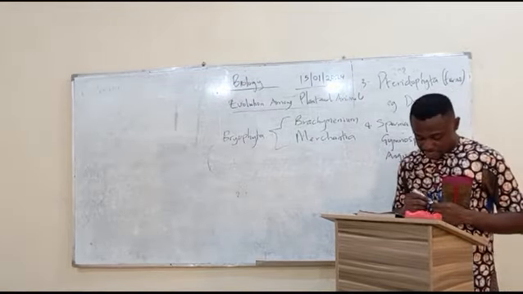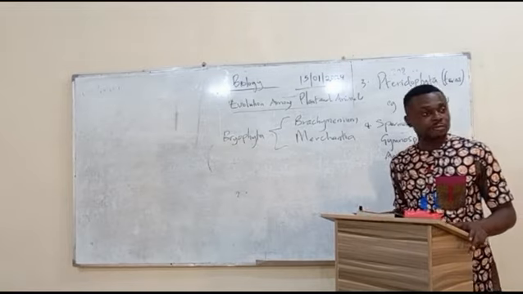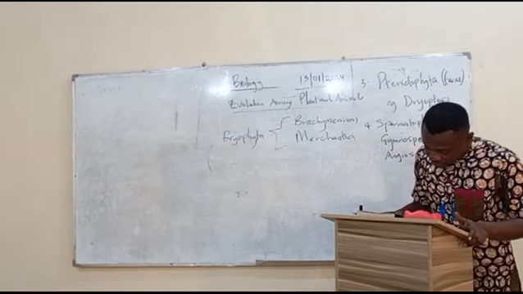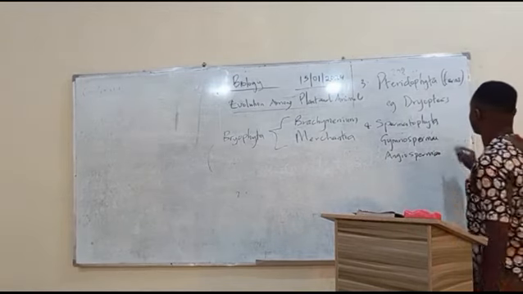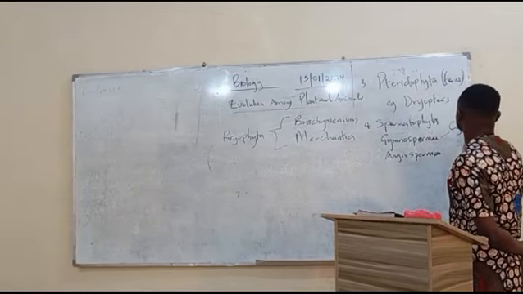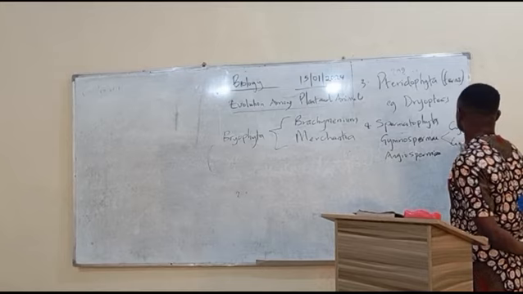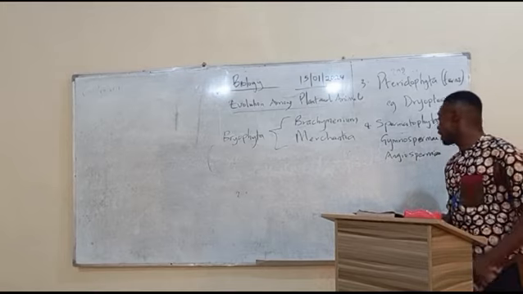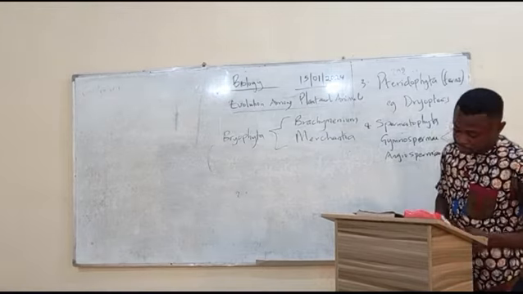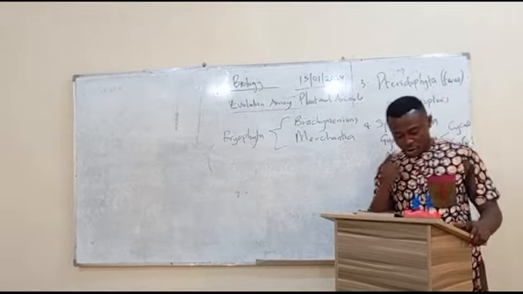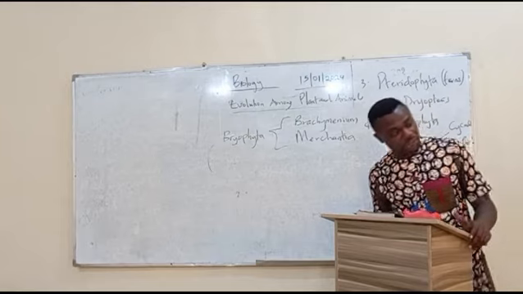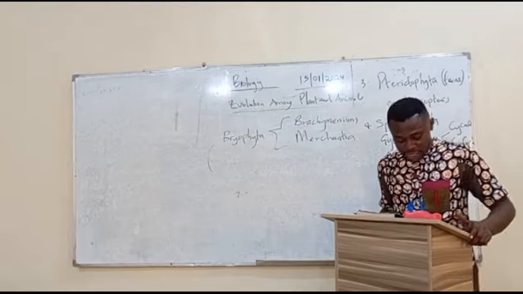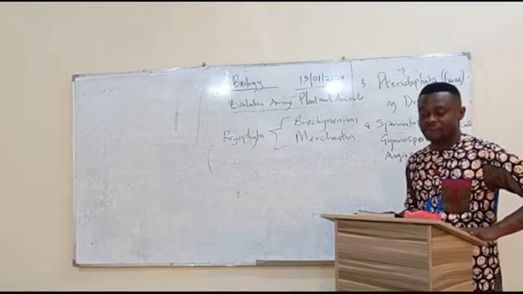Under gymnosperms you have the cycads and conifers. Then under the angiosperms you have your monocots and dicots, the monocotyledonous and dicotyledonous plants.